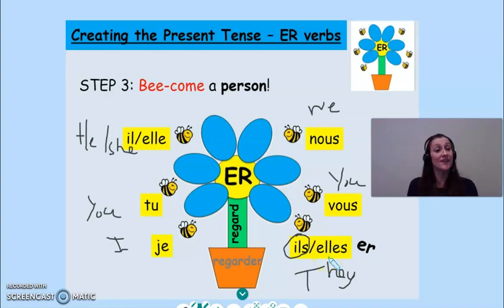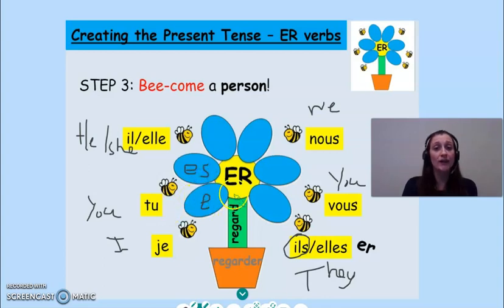So now it's time to have a look at the endings. So for je, I, you would have the ending of e, so it becomes je regarde. Now notice the pronunciation as we go round compared with the spelling, because we know in French that there are lots of silent letters. Tu, which is you, has an ES ending.